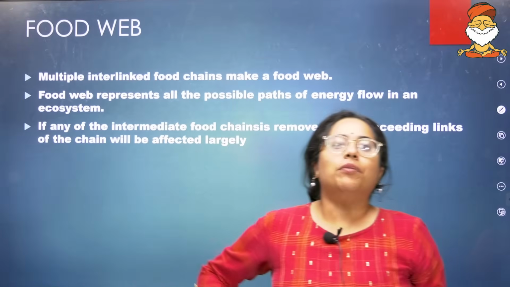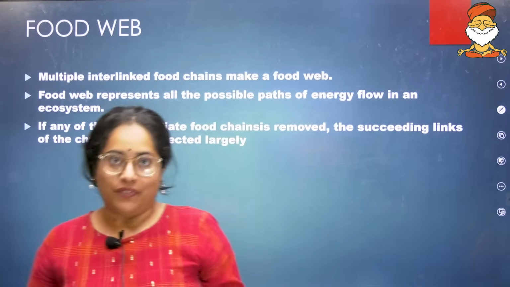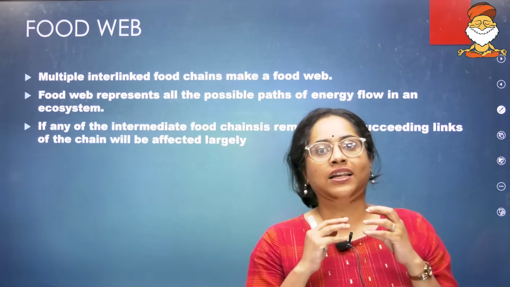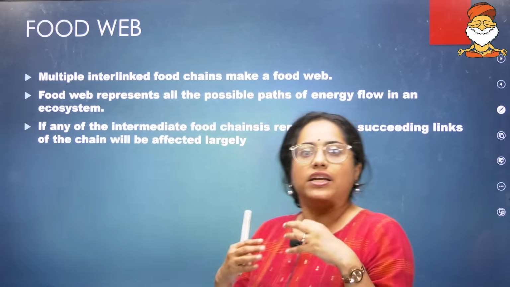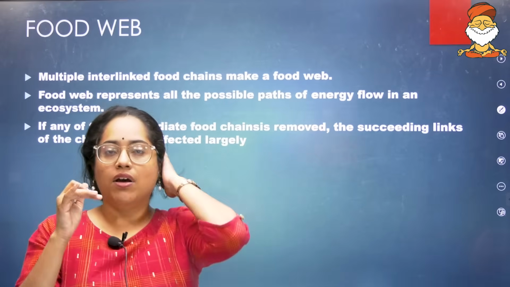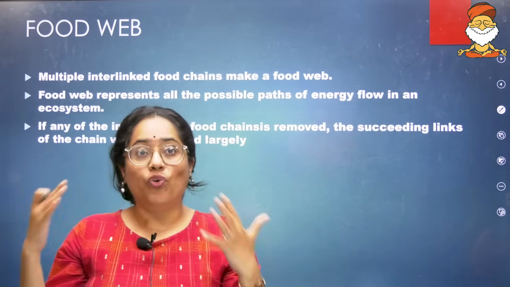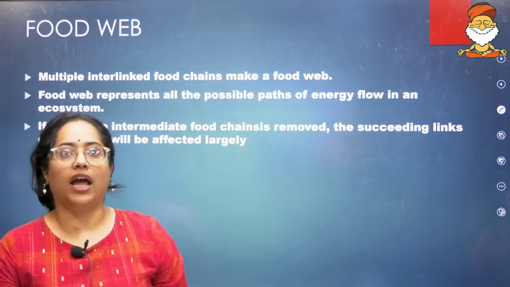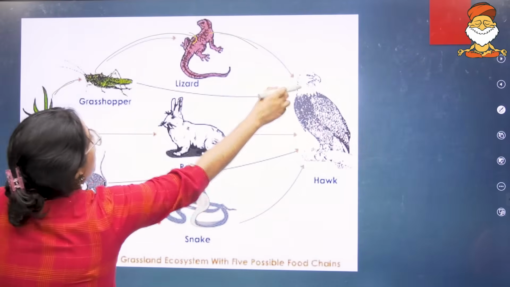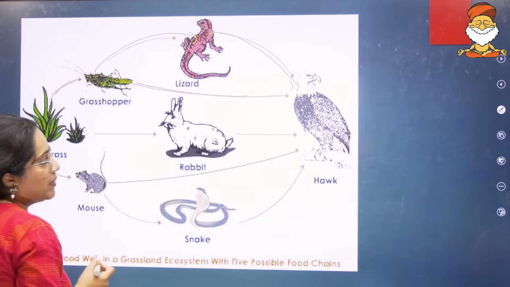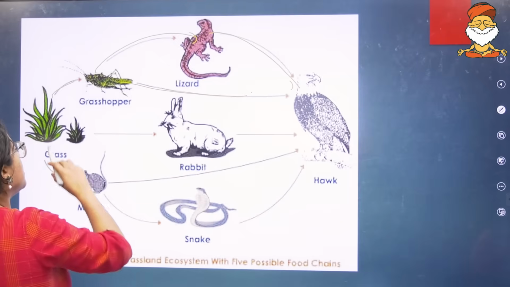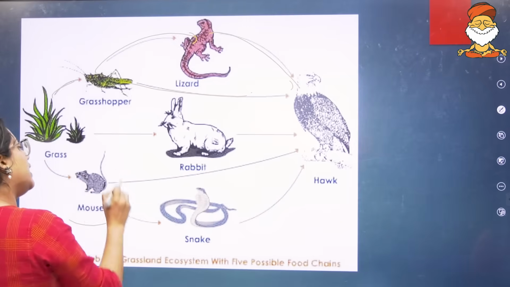Okay. Now, coming to the concept of food web. Again, understand that a food chain is the actual reality that might be happening in a habitat, in an ecosystem. A food web, on the other hand, is the potential pathways that could happen. Potential pathways primarily means that there is grass. The grass can be eaten by the mouse.